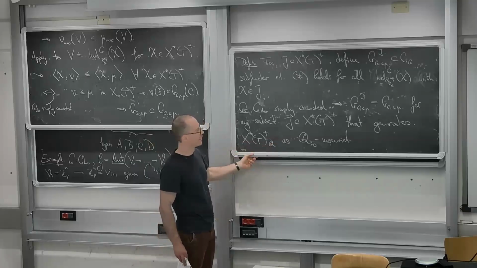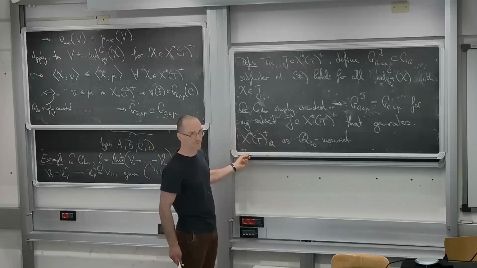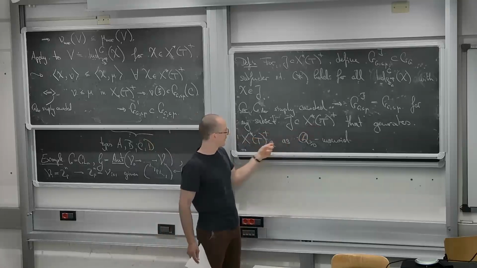And this here is simply a bit weaker. Any subset which generates this as a Z greater equal to 0 monoid would be okay, but this condition is a bit weaker.